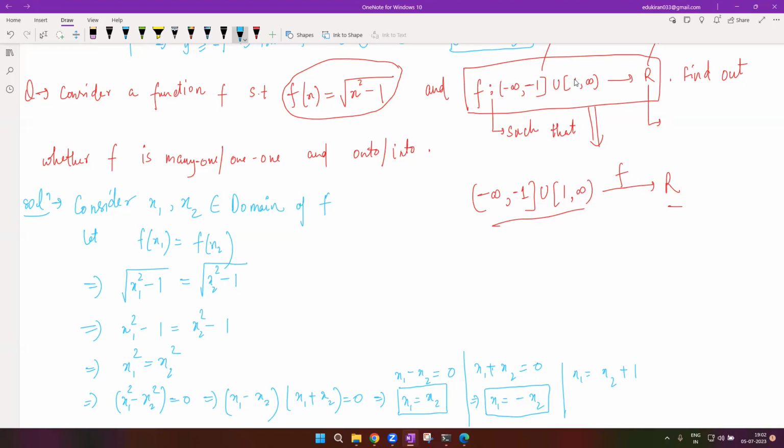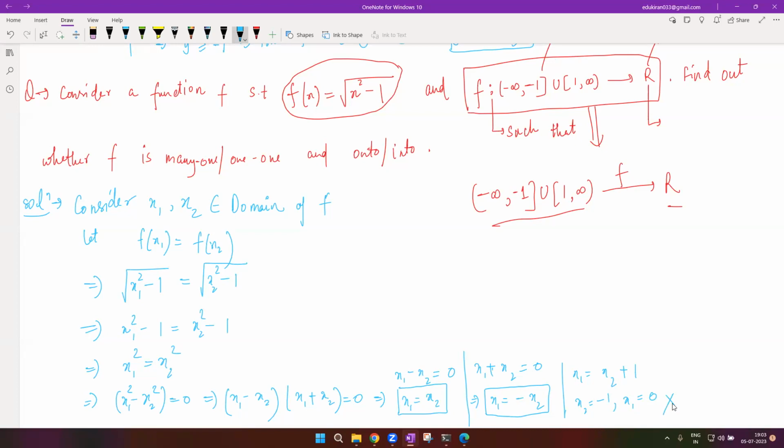If I take x2 as 1, then x1 is 2. Is x1 equal to 2 valid? Yes. Now let's take x2 as minus 1. If I take x2 as minus 1, then x1 is 0. Now x1 cannot take value 0 because 0 is not in the domain. So this is not valid for this.